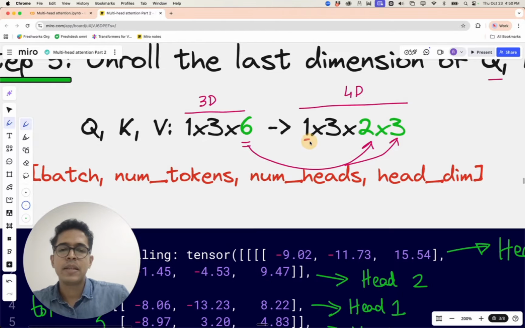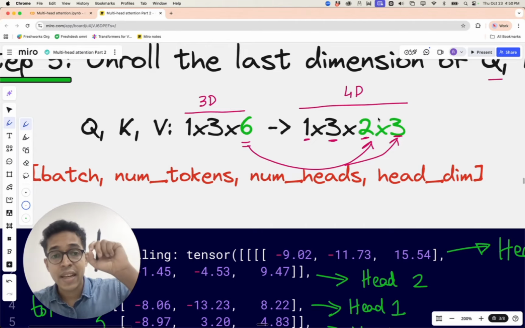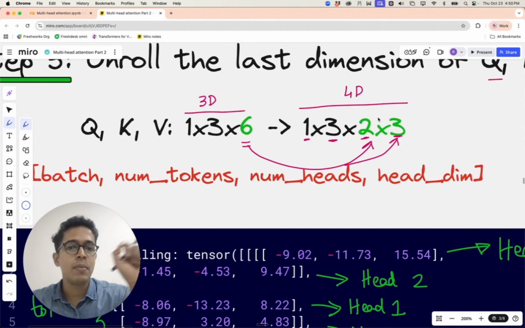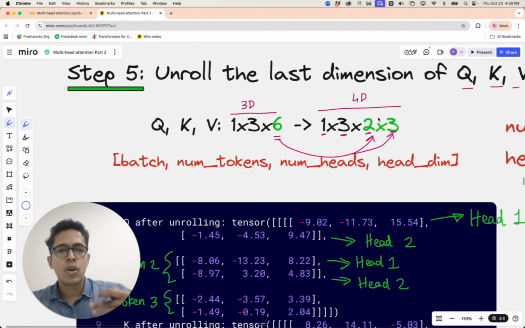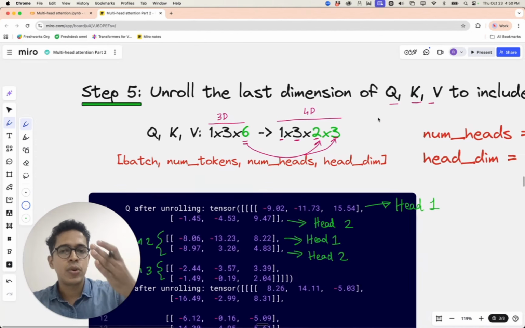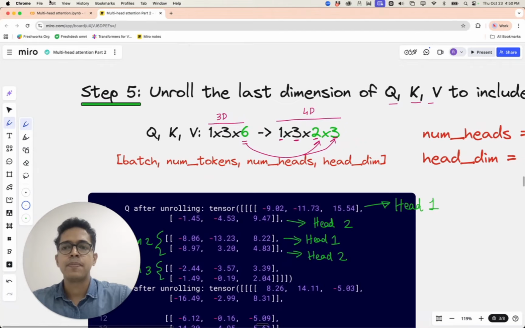The first dimension is batch. Second dimension is number of tokens. Third dimension is number of heads. Fourth dimension is the dimensionality of the query, key, value space in each head of the multi-head attention. So what we have to do is unroll the last dimension to 2 by 3. So 6 should become 2 by 3.